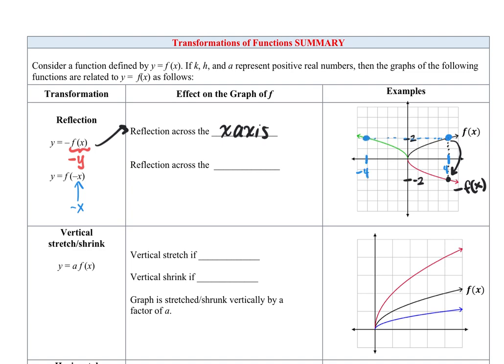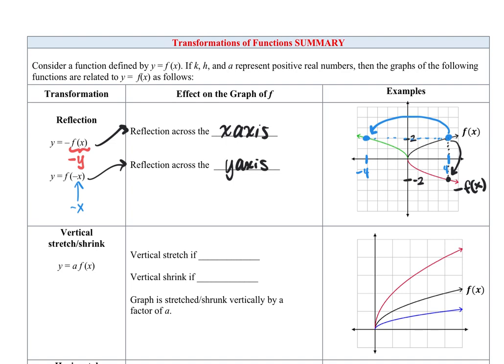Now my x value is -4. So to go from this black graph to my green graph, I just reflected across the y-axis. So when the x values are multiplied by a -1, that causes a reflection across the y-axis. So those are our reflections.